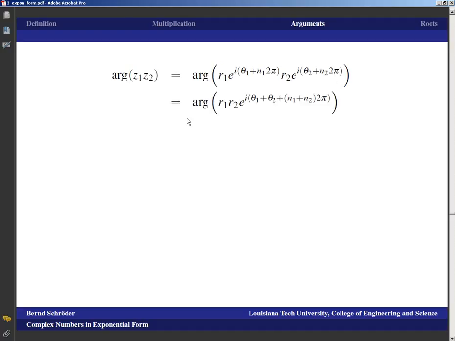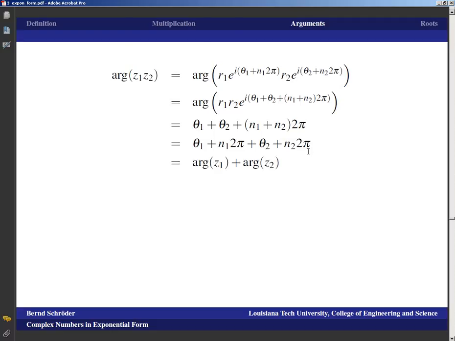If we multiply that together, we get r1 r2 e^(i(θ1 + θ2 + (n1 + n2)·2π)), which is just θ1 + θ2 + (n1 + n2) times 2π. And if we now break that back up, that's θ1 + n1·2π plus θ2 + n2·2π, which is the argument of z1 plus the argument of z2, which is of course nice.